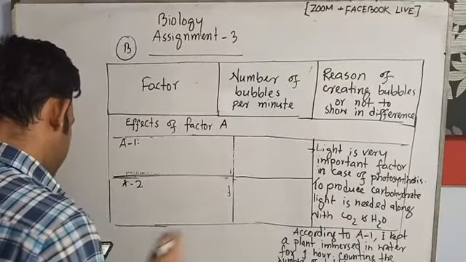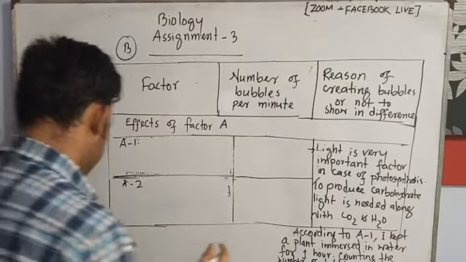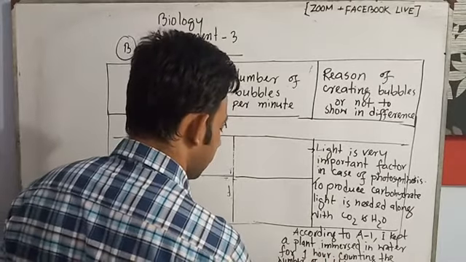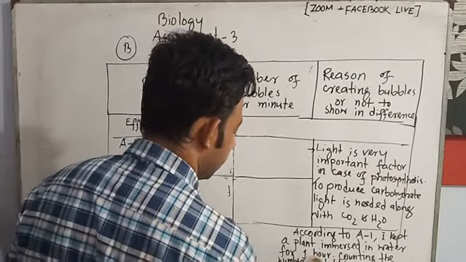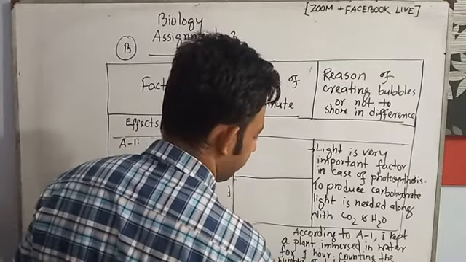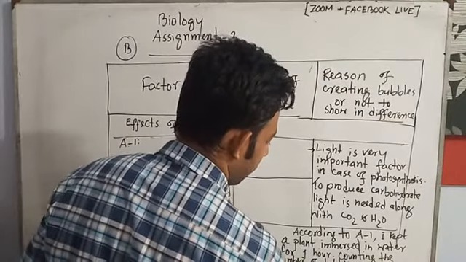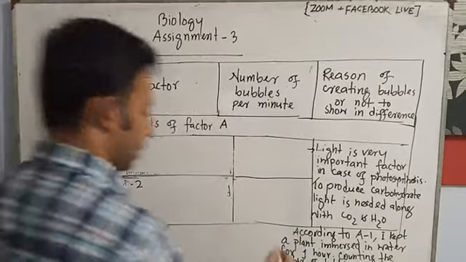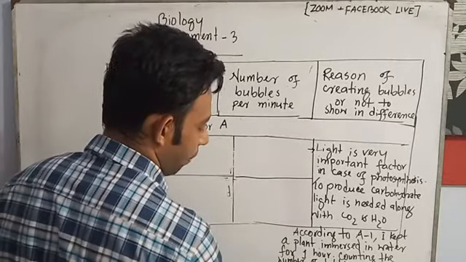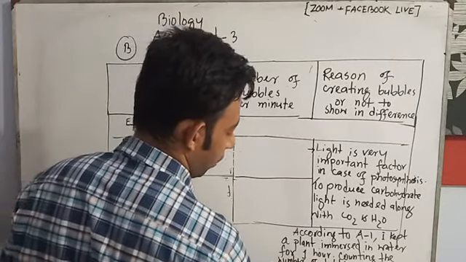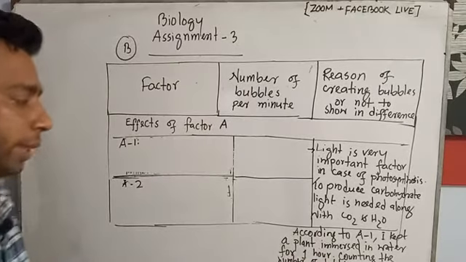And on the other side, in case of a shady place, the number of bubbles, you will write the number of bubbles there.